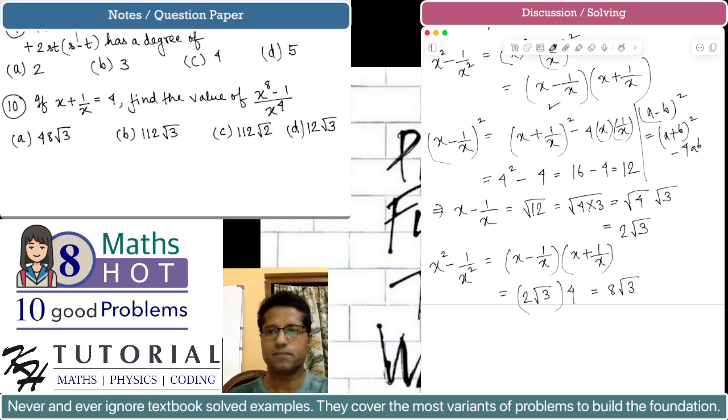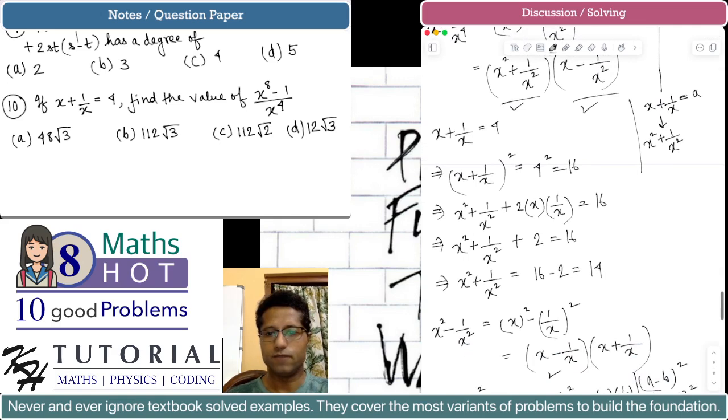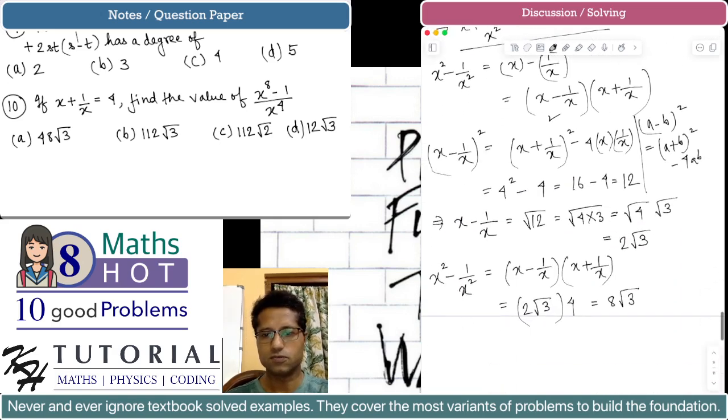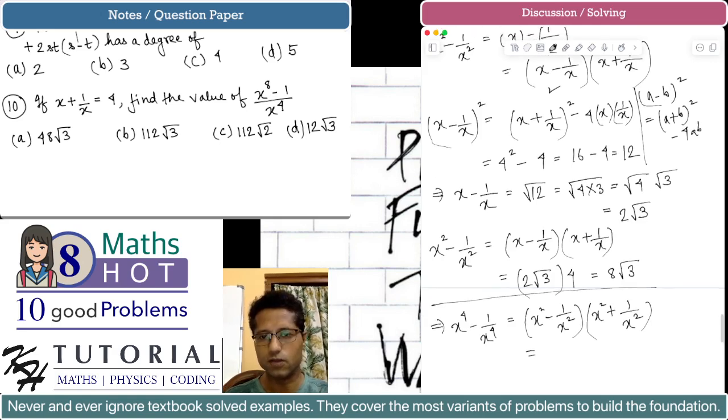Now we know x square plus 1 by x square, and we also know x square minus 1 by x square. So this implies we can say that x to the power 4 minus 1 by x to the power 4 is equal to x square minus 1 by x square multiplied by x square plus 1 by x square, and hence we will now just put the values.